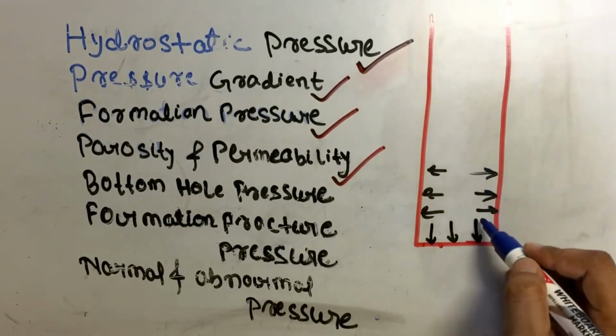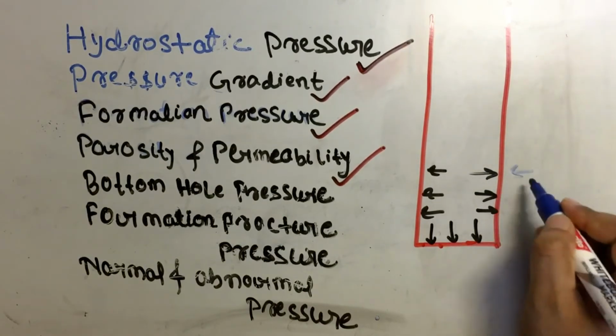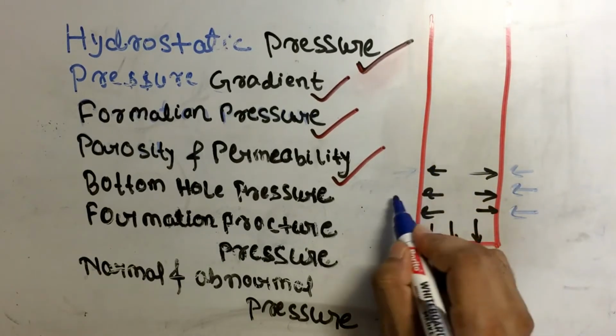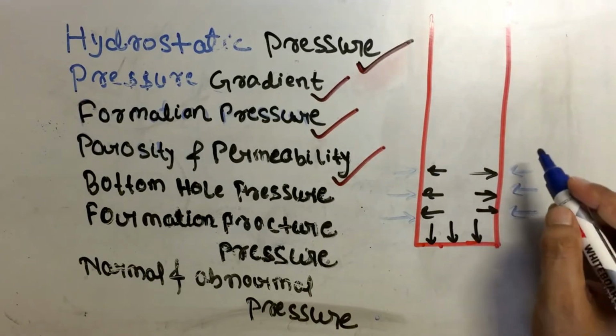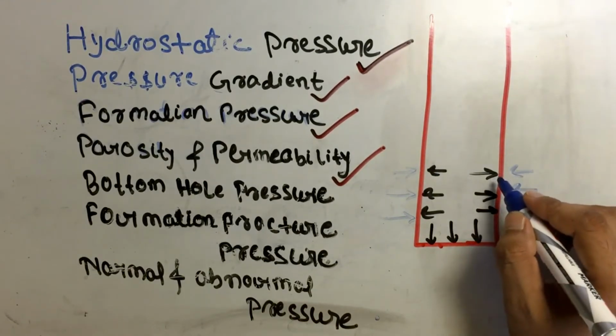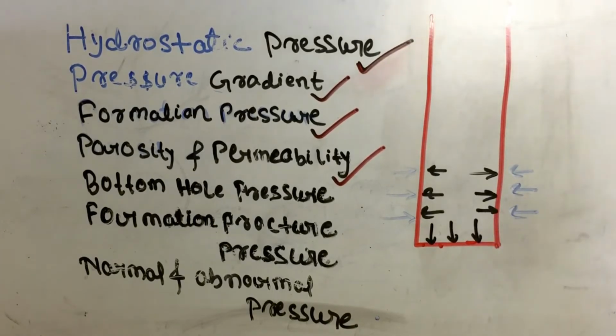It means if the pressure acting from the well bore side is more than the formation pressure, it will break the wall of the well. So there will be loss in our well.